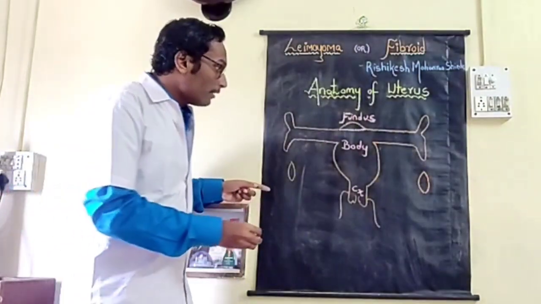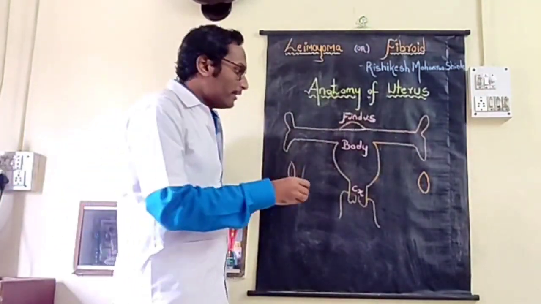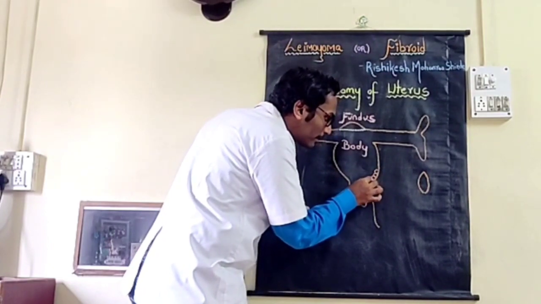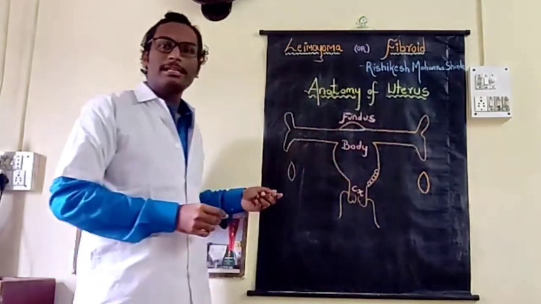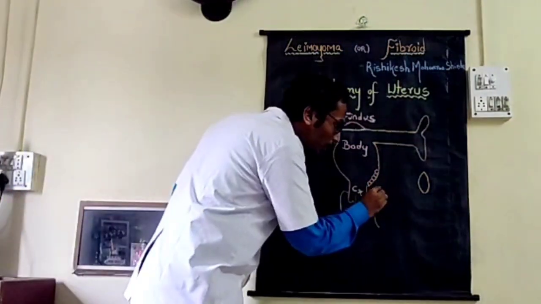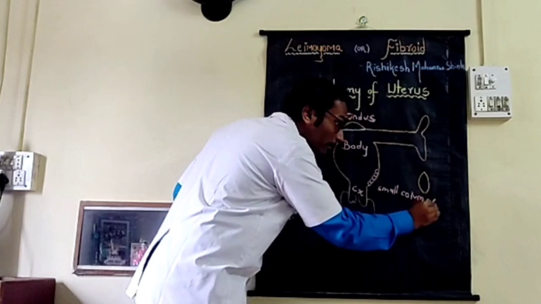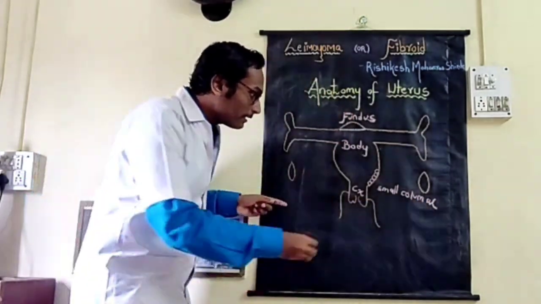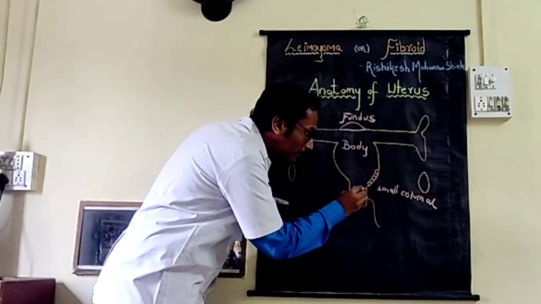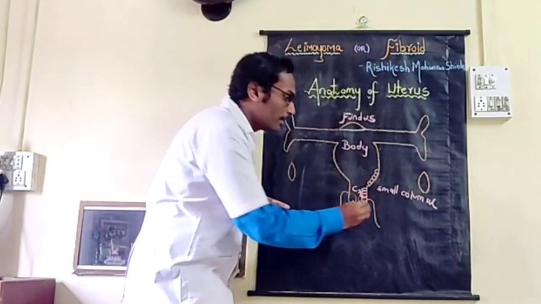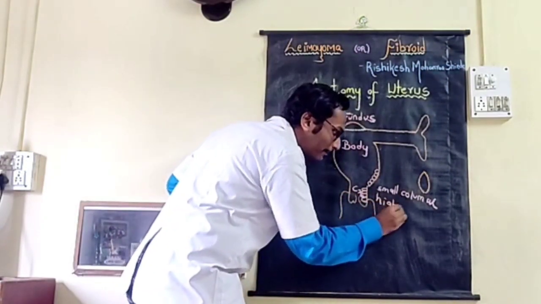When we see on histology, the body of the uterus is lined by short columnar epithelium. But later, in the cervix, this short columnar epithelium changes to tall columnar epithelium.